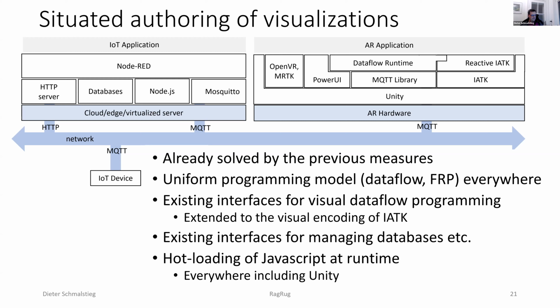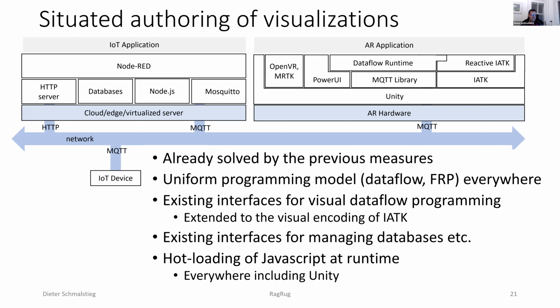Second, we have existing interfaces for the programming that also encompass visual encoding. So we can use the Node-RED style programming now applied to IATK visualizations. But we also have these interfaces for managing databases and such that are already part of this Node-RED infrastructure.